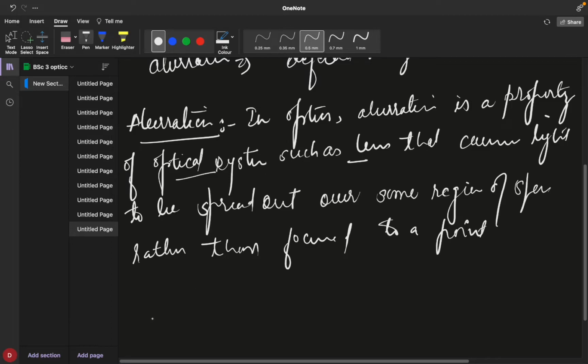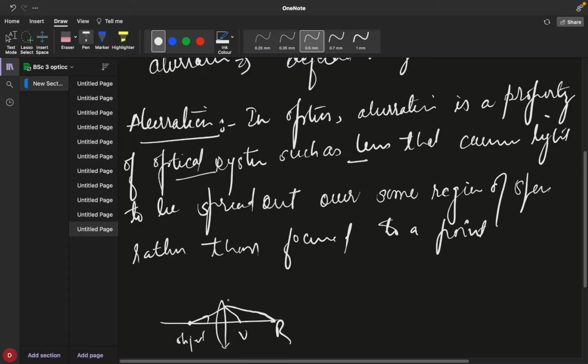That means if we have an optical system such as a convex lens, and this is an object, or we can say white light, it is going to be spread out into its constituent colors. Say this is red and this is blue.